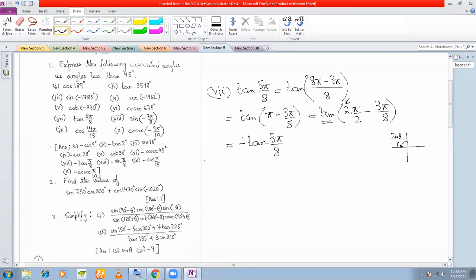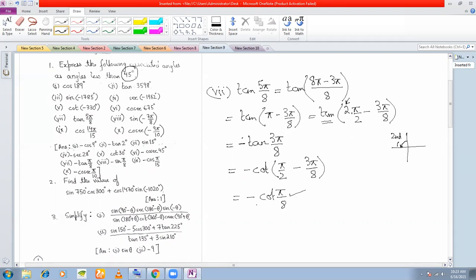And that's it, because the question was in terms of tan. But they have said that you have to express this as an angle which is less than 45 degree, right? So what you do here is you can change this to a cot also. Cot of pi by 2 minus 3 pi by 8, which is equal to minus cot pi by 8, because pi by 8 is an angle that is less than 45 degree.